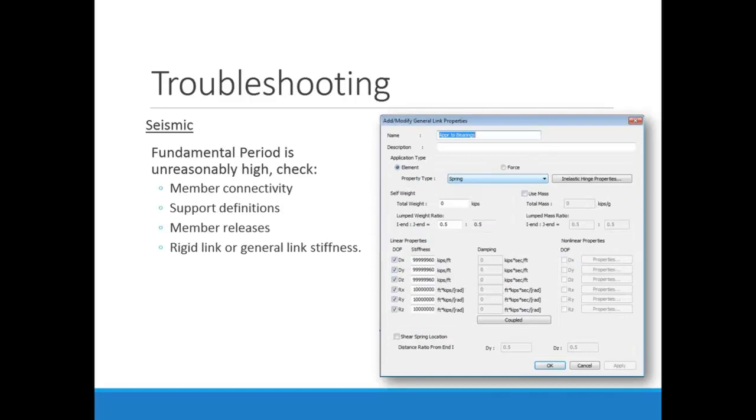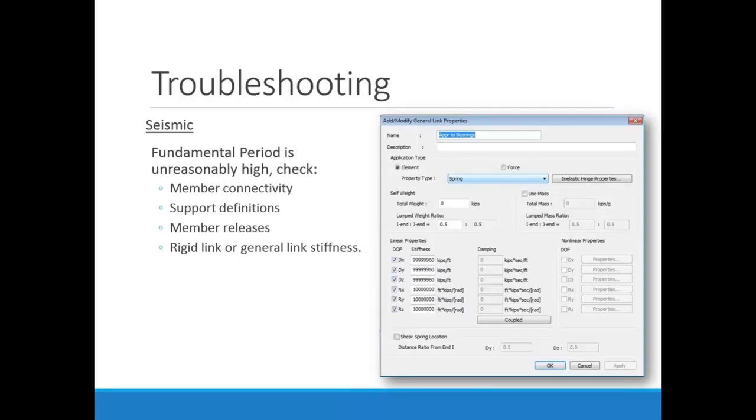Another situation you might find yourself in is that your fundamental period is unreasonably high. A couple things to check. Check your member connectivity, make sure your members are connected properly, you don't have any stray members or stray nodes. Check your support definitions, make sure all of your supports are defined properly and fixed against rotation or force in each direction that you assume.